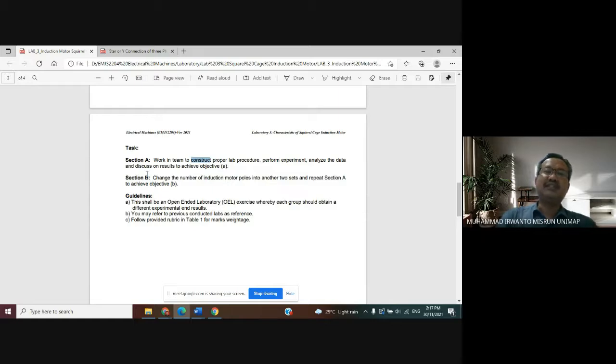Then for section B, change the number of induction motor faults into another 2 sets and repeat section A to achieve objective B.